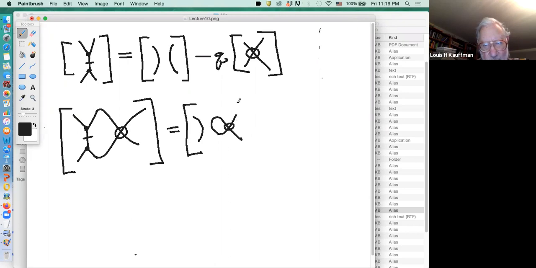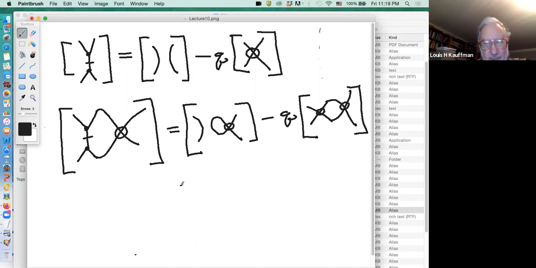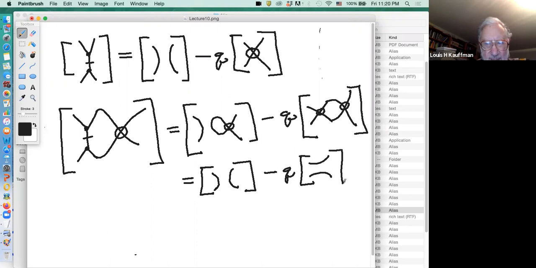And then we would have that this would be equal to that minus Q times that, and that's equal to this minus Q times this, right?